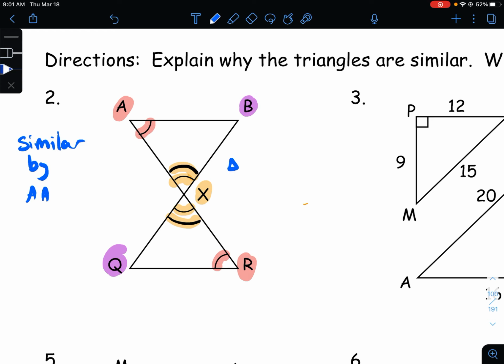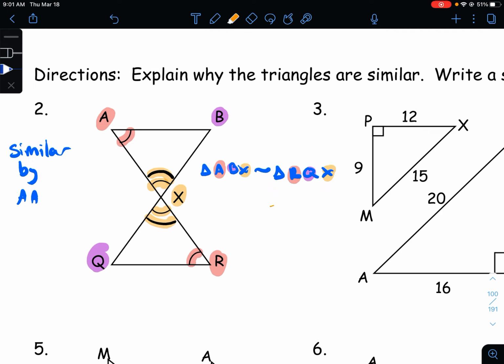So we're going to say triangle ABX is similar to triangle, in the same order, RQX. Notice how it followed the pattern: B and Q go together, A and R go together, and X and X go together. That would be our similarity statement.